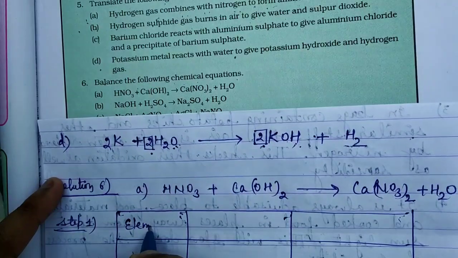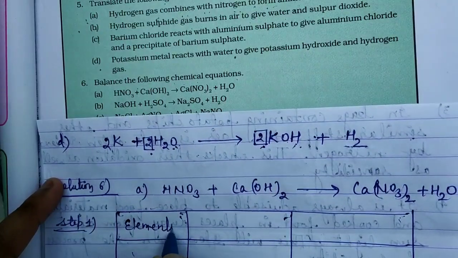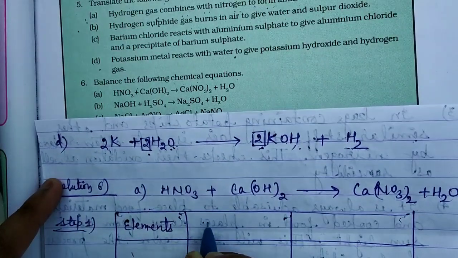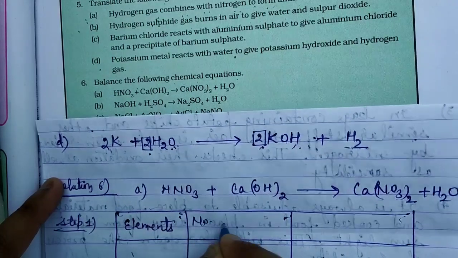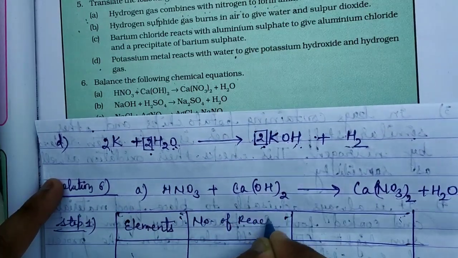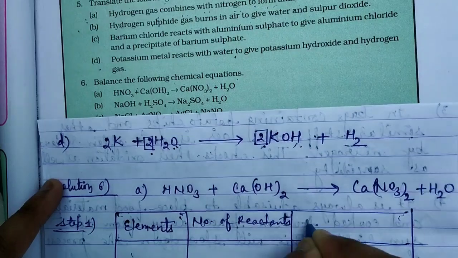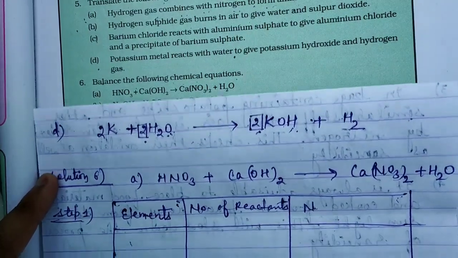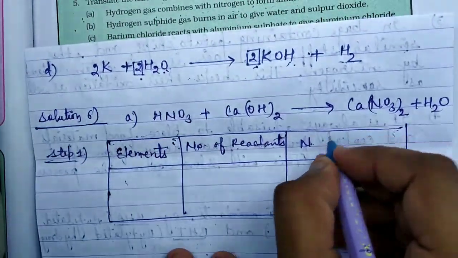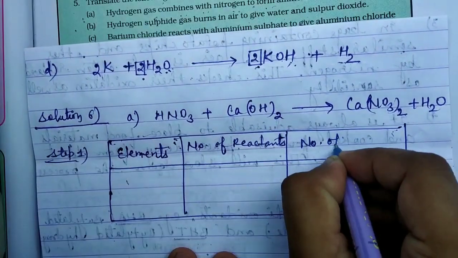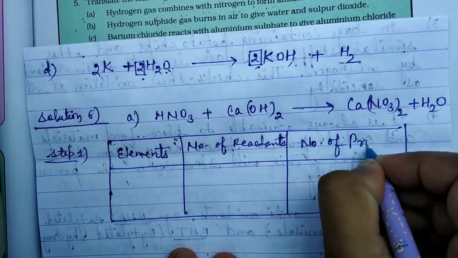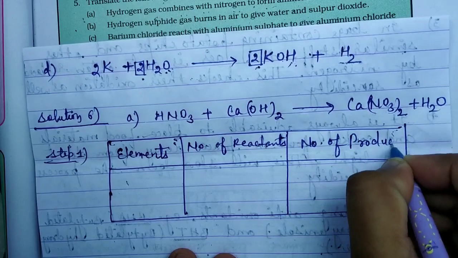In one column we will write elements, and here the number of reactants, and the number of products.